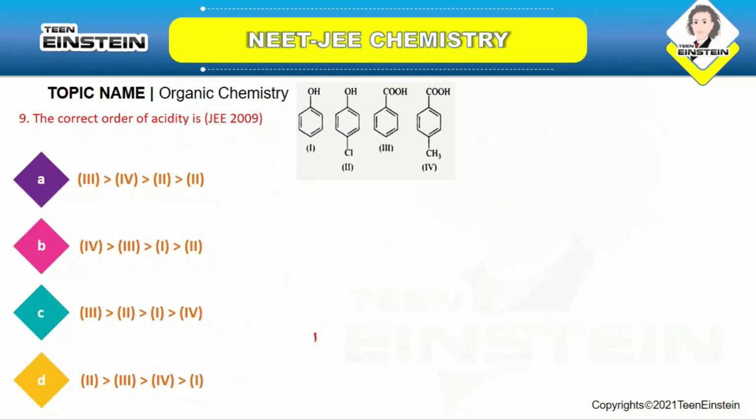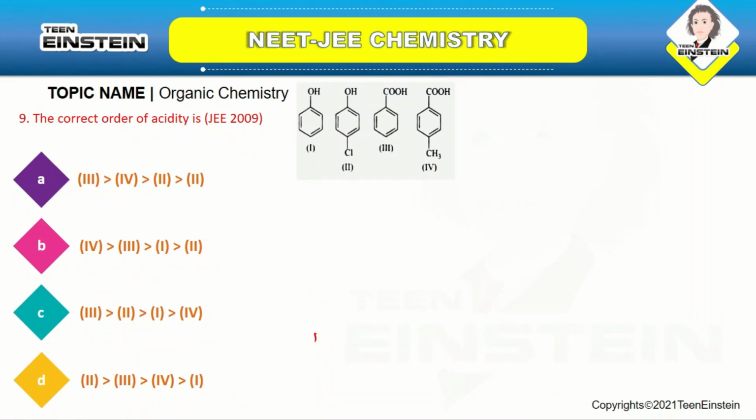So let's move on to the 9th question. The correct order of acidity is. Here they gave 4 structures, 2 phenolic groups and 2 acidic groups. The acidity of phenol is due to the stability of phenoxide ion.